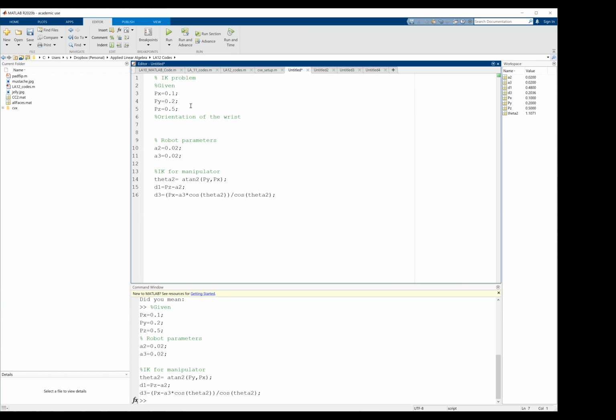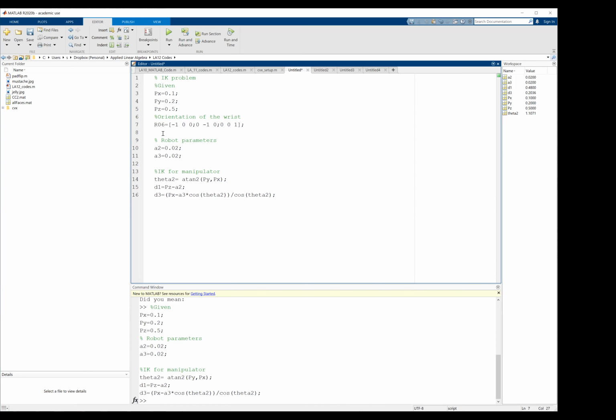I'm going to call this R06, which is given as [-1 0 0; 0 -1 0; 0 0 1].